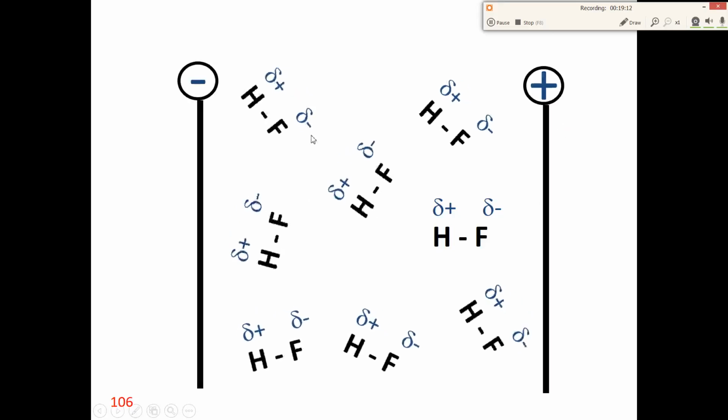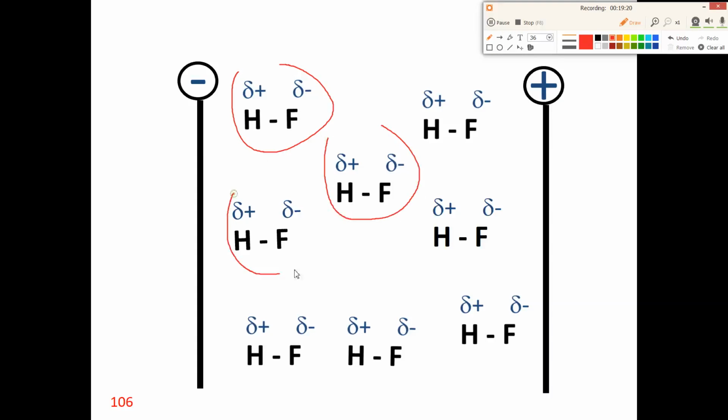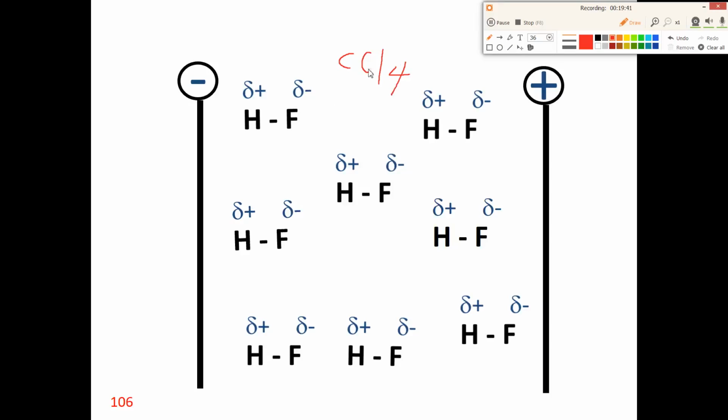If you put this in an electric field, they're all going to align. All the molecules align this way, basically in a kind of organized way. However, if we put something like, for example, carbon tetrachloride, a bunch of carbon tetrachloride in an electric field, it won't align. It could be facing any direction.